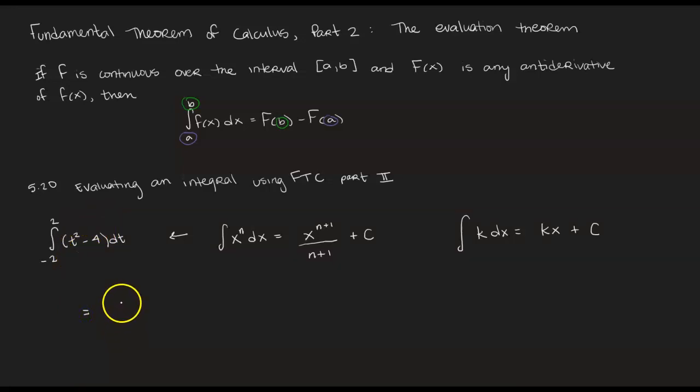Integrating t squared, that becomes t cubed over 3. Integrating -4, that becomes -4t. And we're going to evaluate each of those terms between -2 and 2. This is a new notation using a vertical bar and copying our bounds over.